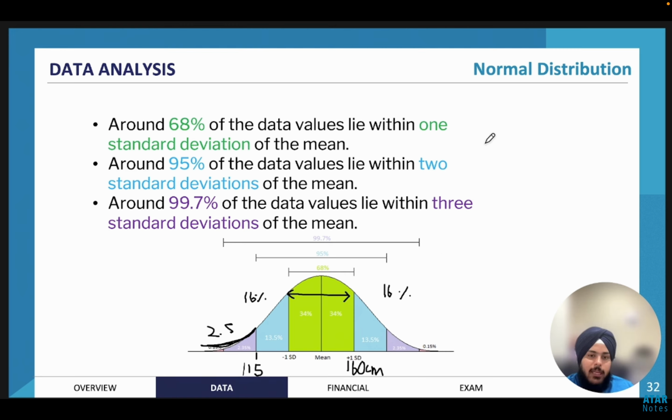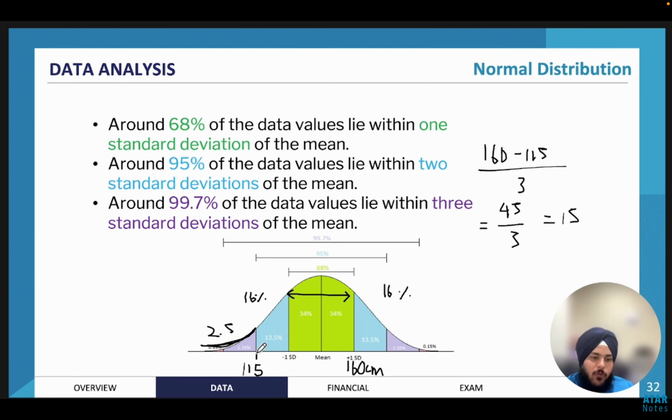What we're essentially doing is taking the distance between 160 and 115 and dividing by 3, and that way we will get what this interval represents. 160 minus 115 is 45. 45 divided by 3 is equal to 15.